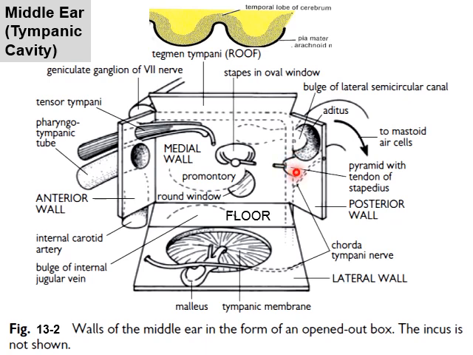At this pyramid, the tendon of stapedius is attached. Stapedius is the shortest muscle in the whole body, and it's attached to the pyramid, which is a small bony projection at the posterior wall of the middle ear, and then it connects that point with the stapes.